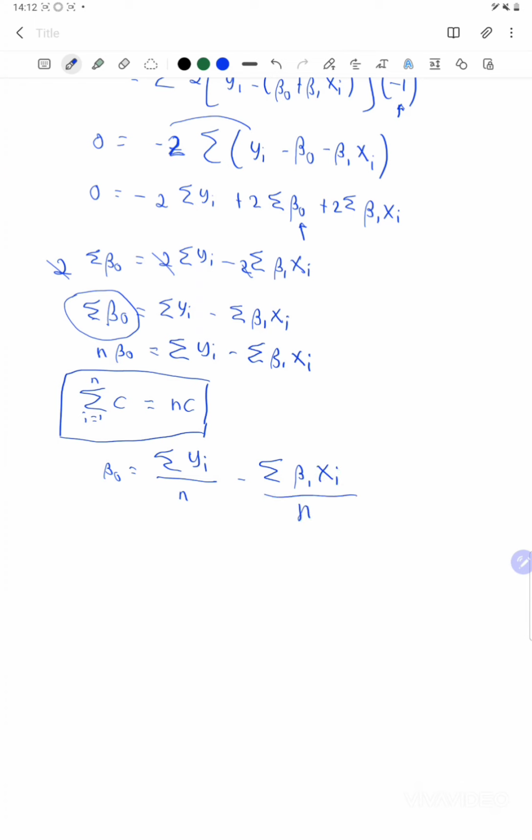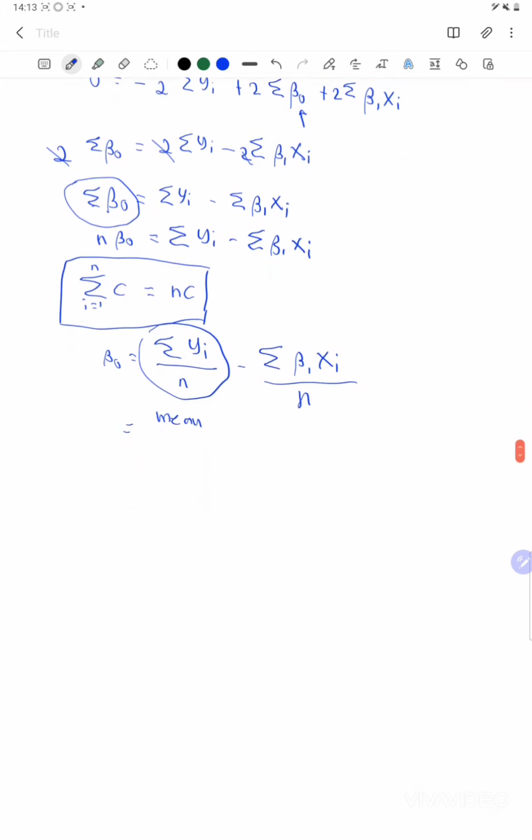What is this one? The sum of all the values of y divided by the number of samples. So this is actually the mean. You need to add all the values for y, then divide by n. So this is the mean.